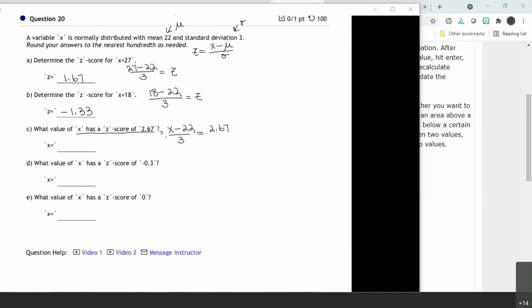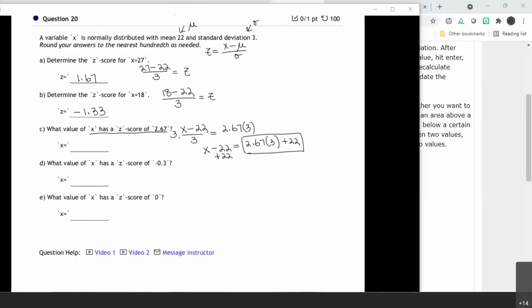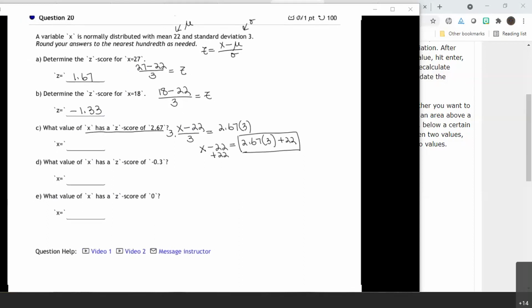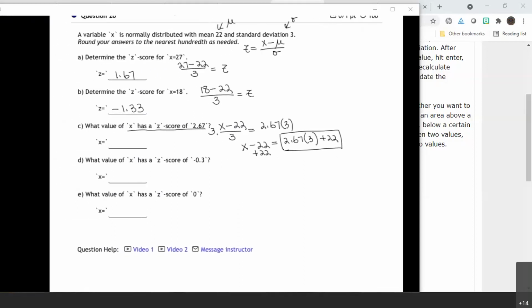Multiply both sides by 3, and that gives you X minus 22 equals 2.67 times 3. Add 22, and then evaluate this on a calculator. You're going to get 30.01.